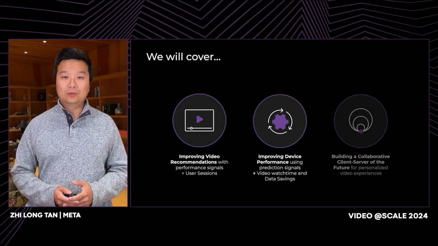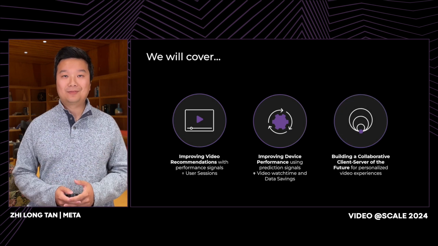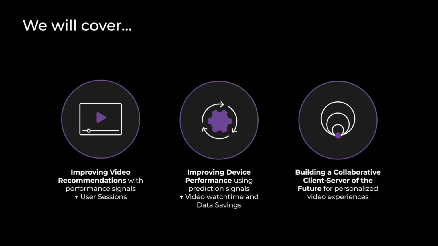Today, we will share three main ideas. The first idea is improving video recommendations with device performance signals. This involves sending signals from the client to the server. We observe improvements in user sessions. The second idea is improving device performance using prediction signals such as predicted watch time.